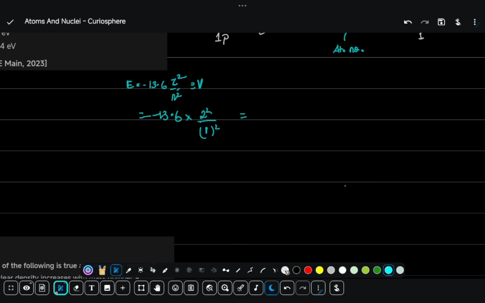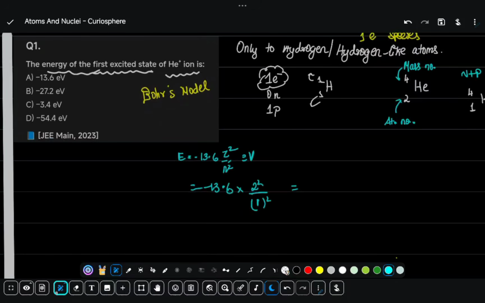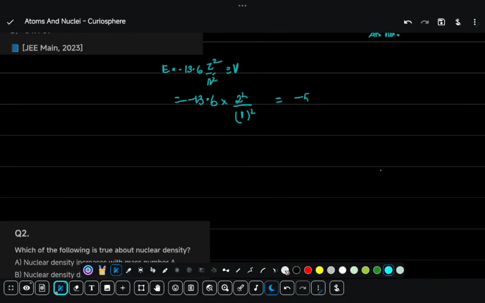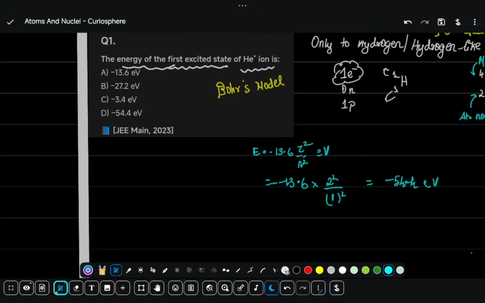If you substitute and calculate, you will get minus 13.6 into 4, minus 54.4 electron volt. Well, yeah, that's option D, minus 54.4 electron volt.